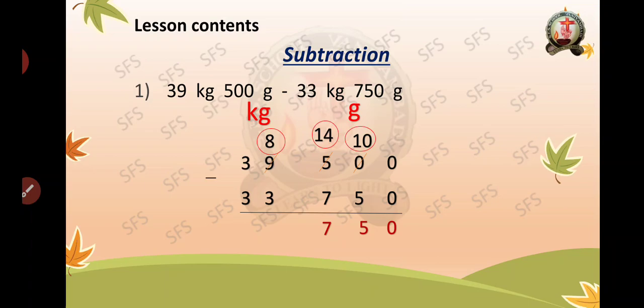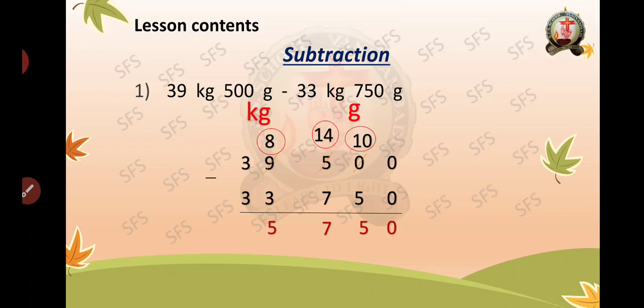Then 8 minus 3. Open up the 8 fingers, then close 3 fingers. Now look how many fingers are open. It is 5. So 8 minus 3 is 5. Then the last number, that is 3 minus 3. This is the third rule, children.